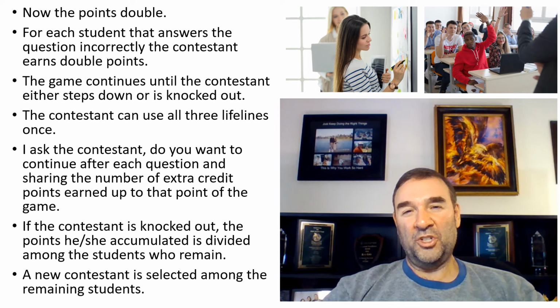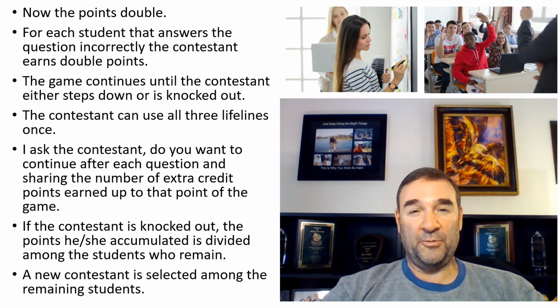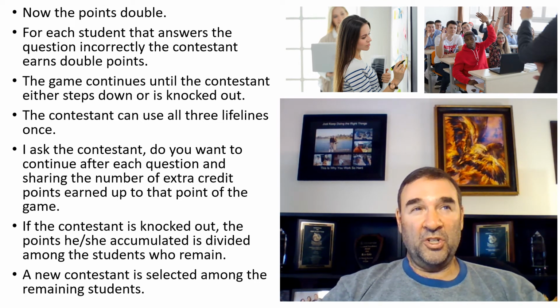So we get to question number 6. There's still roughly, let's call it 15 students remaining. On question number 6, if the student up in front of the class misses it, I will take the extra credit points he or she has accumulated, divide them up, and give them to the remaining players who are still in the game. And of those remaining players, I will select one of them to go up in front of the class.